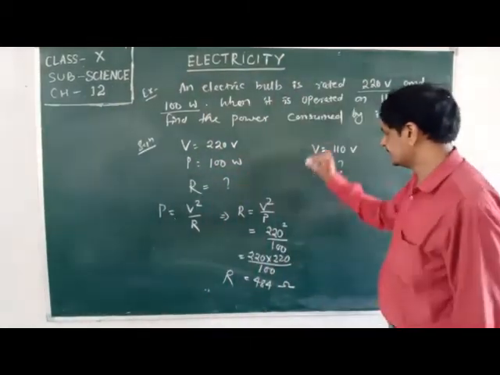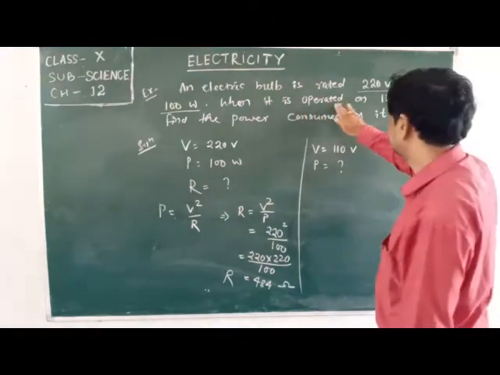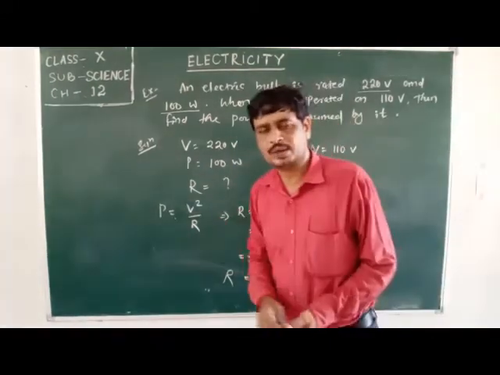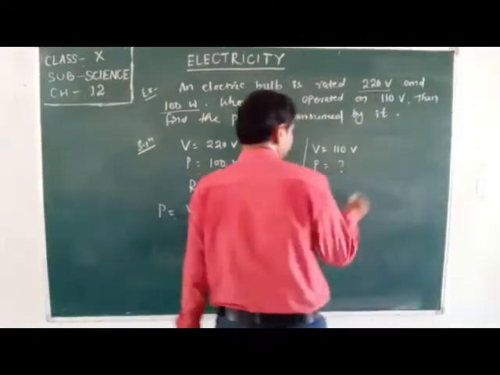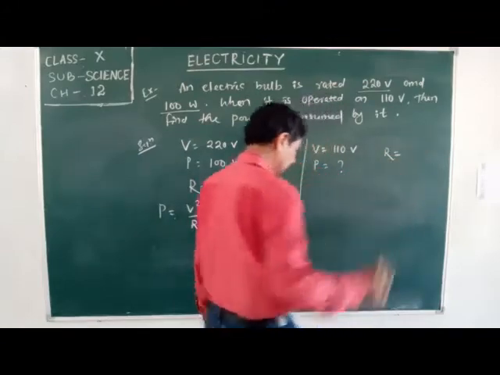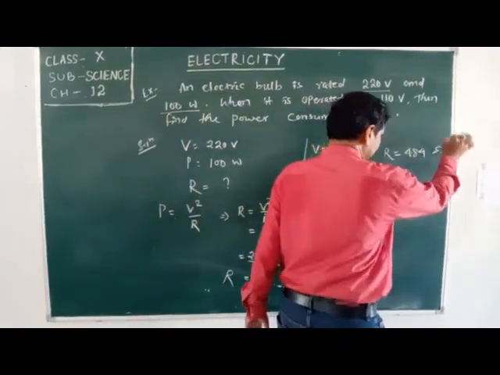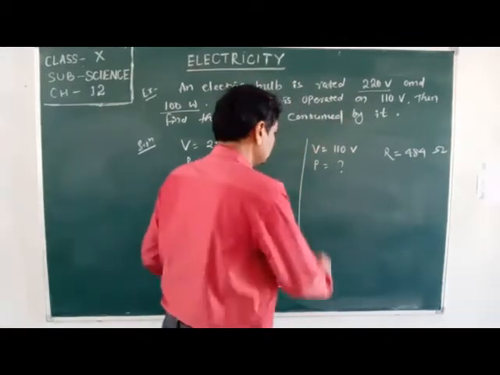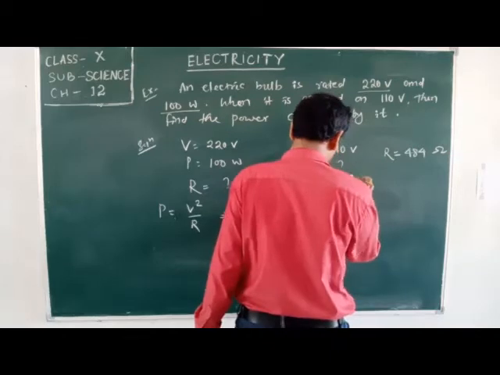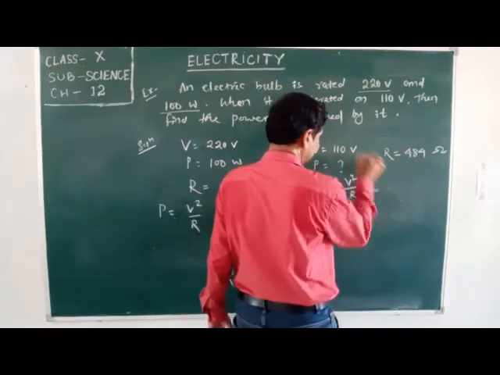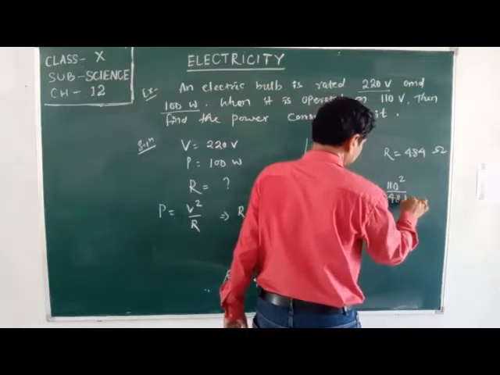Now this resistance can be put in the second case, when the bulb is operated on the potential difference of 110 volt between the terminals of the source. Here we got the value of R as 484 ohm. So P is equal to V square by R. V square, that is 110 square, by R which is 484.